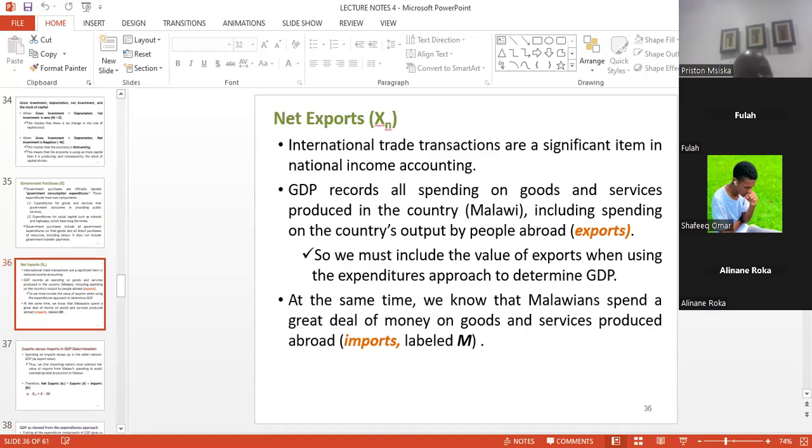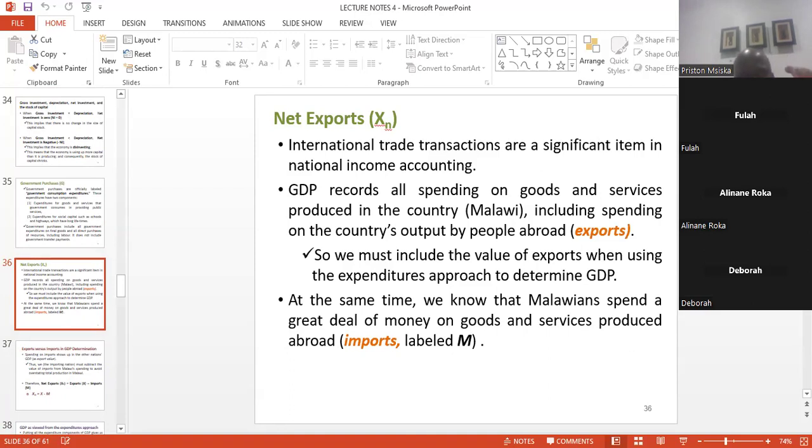Exports, net exports, as we said. GDP only reports spending on goods and services produced in the country. But remember that some of the output is exported. So that one we should capture too.